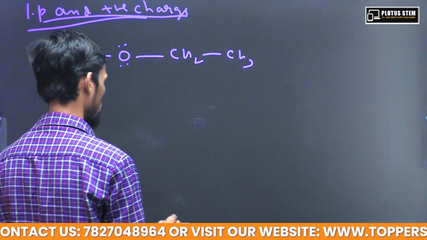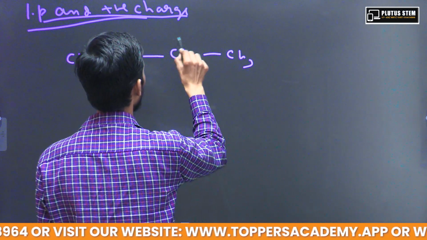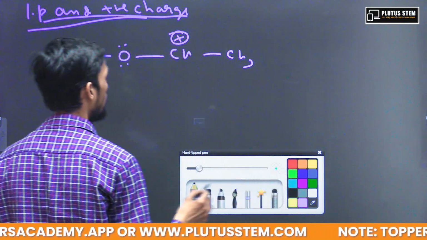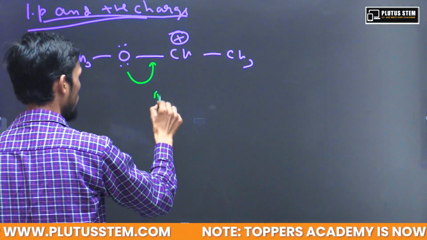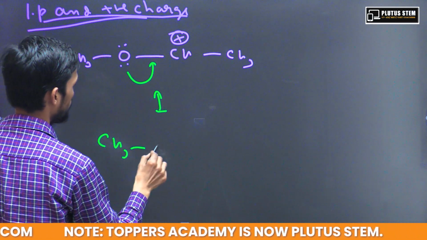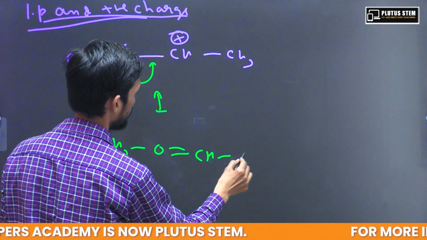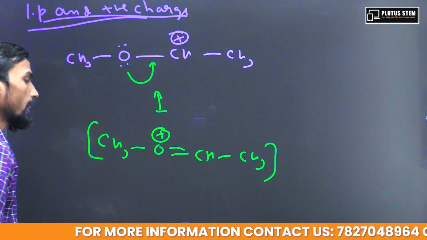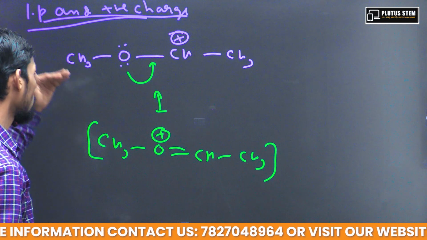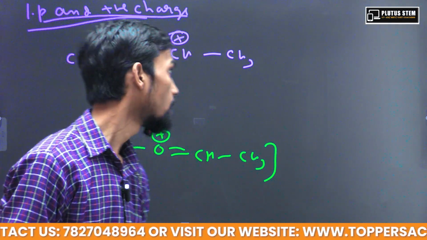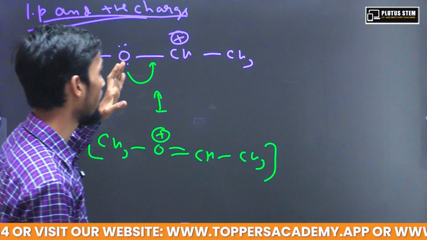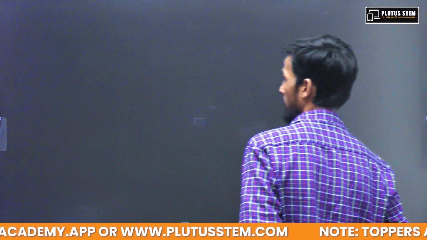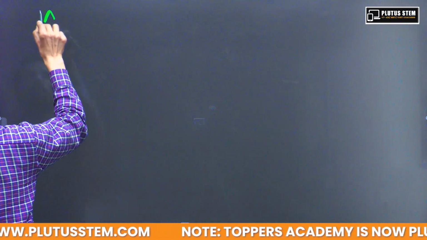So this is CH. If this compound is having a positive charge, this lone pair can also be transferred to this positive charge. A partial positive charge at this oxygen. So this is also a way how we can show this movement, and this is a lone pair and positive charge. In the same way, pi bond and lone pair can also show movement.